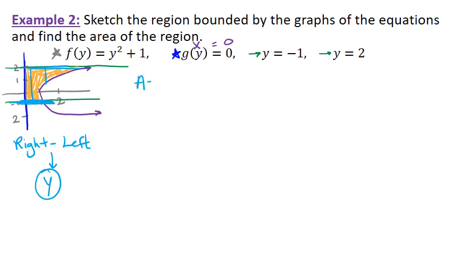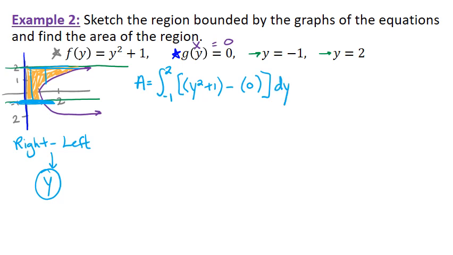So when I set up my integral, the area is equal to a y value of -1 to a y value of 2. And again, it is always the right minus left. So the right function is the quadratic, and it is already in terms of y, minus the left function, which is simply 0, because it is the y-axis.